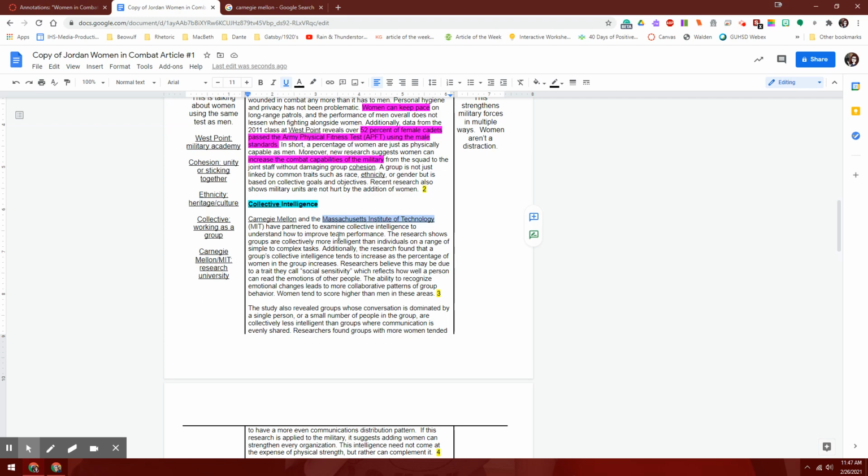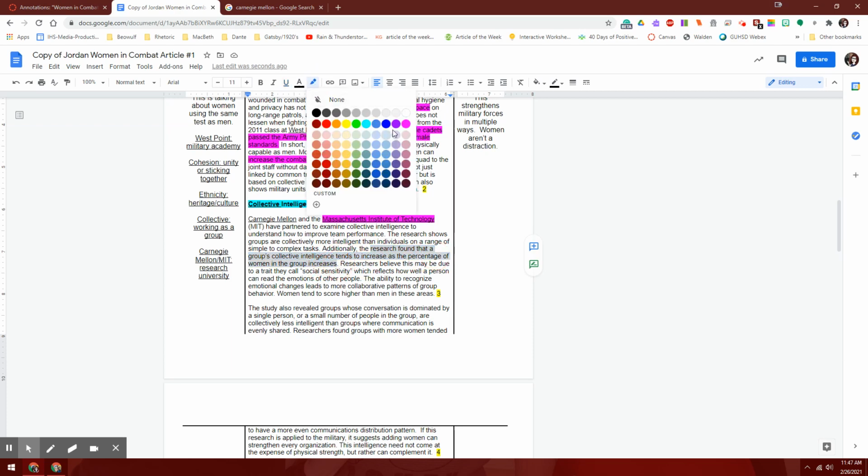Okay, so here we have this little blurb about people think better together. So think about that. If you're having to do something on your own, you might be okay doing it, but research shows collective intelligence increases your success. So that's like when teachers put you in group work.